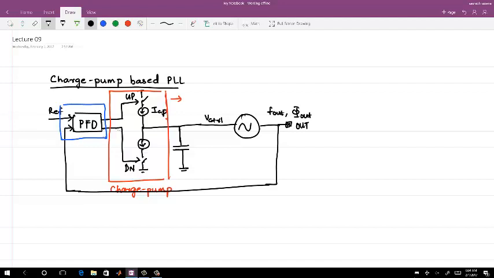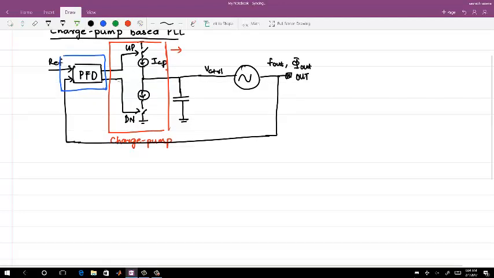Okay. So now I model the small signal model of whatever we have right now in the loop. As yesterday we saw, the PFD plus charge pump can be modeled with the gain of ICP by 2 pi. This is PFD plus charge pump, with reference and output signal.